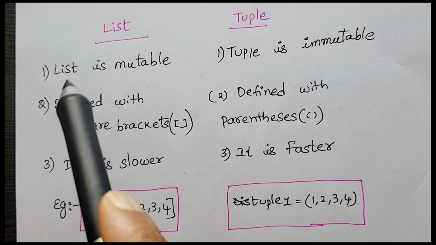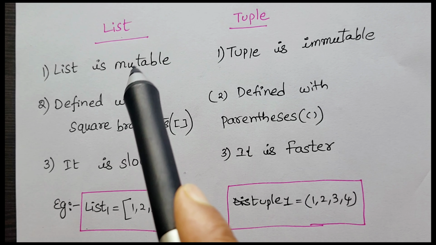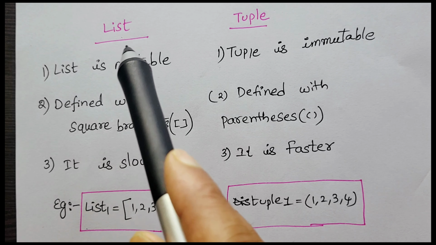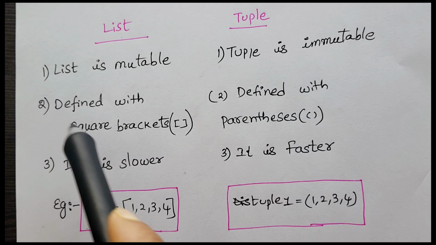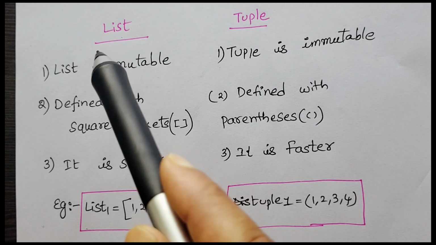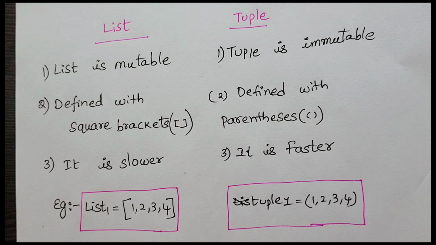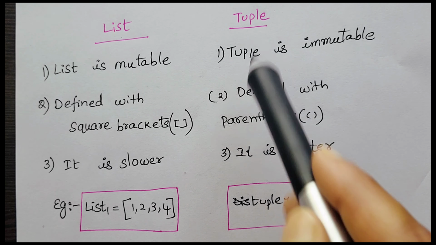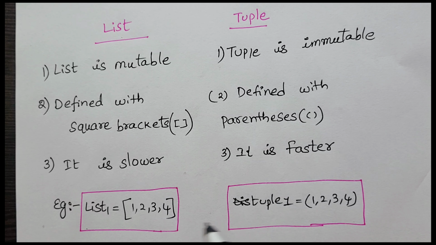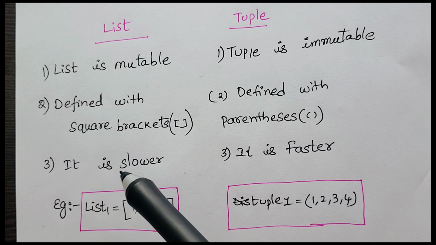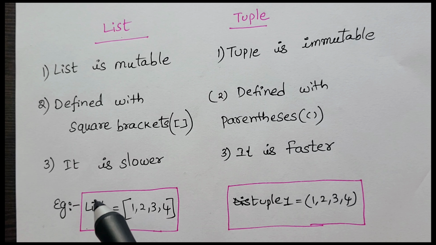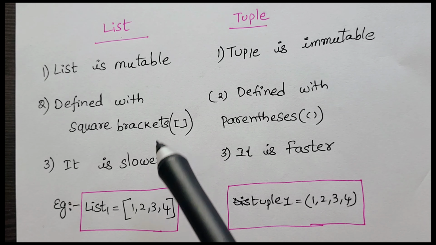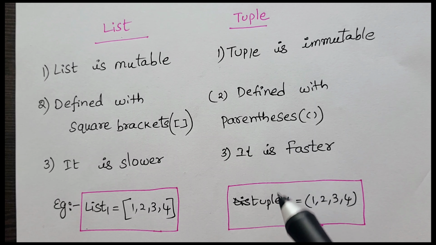We can change the values of a list, but we cannot change a tuple. A list is always defined in square brackets, whereas for a tuple we use round brackets. Next, a list is slower, a tuple is faster. List 1 is equal to 1 2 3 4, we use square brackets. Tuple 1 is equal to 1 2 3 4, we use round brackets.